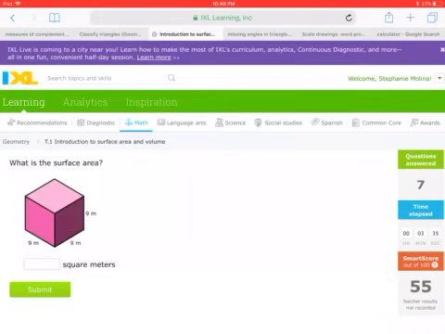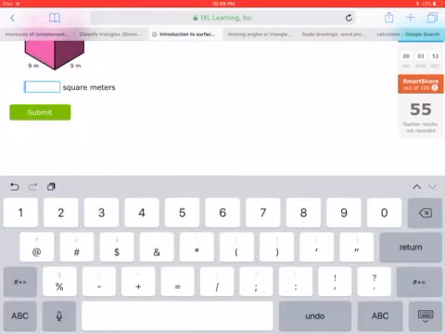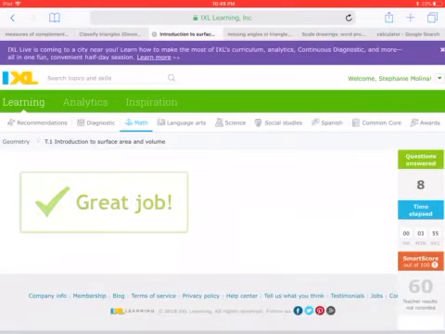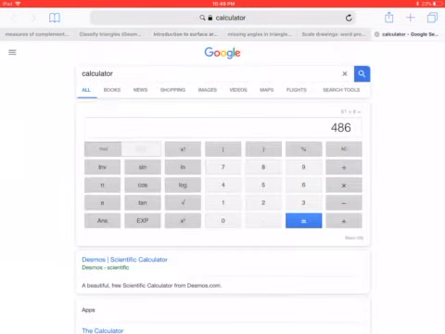Yay. Okay, surface area. This is just too easy. 9 times 9 is 81. How many sides are there in a cube? 6. Oops. 486. Oh my gosh, where's the volume in here? Not the volume, the surface area. 35 times 35 times 35.